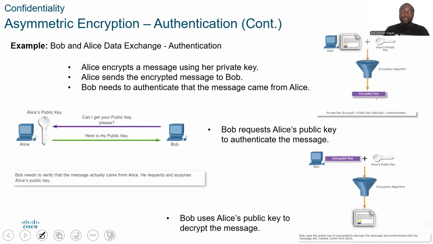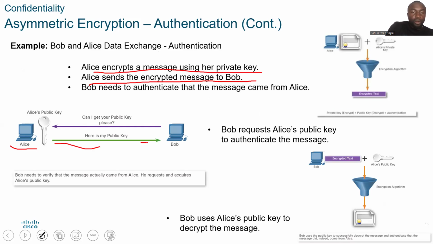So that is how it particularly works, right? So Alice encrypts the message using her private key. This is Alice. And then Alice sends the message to Bob.